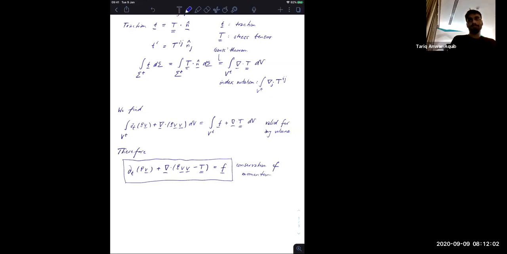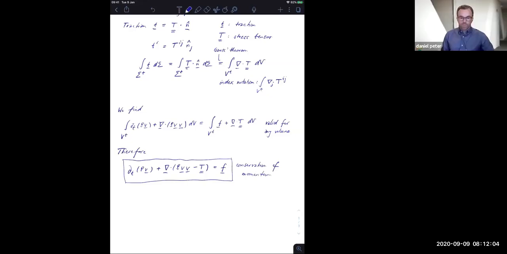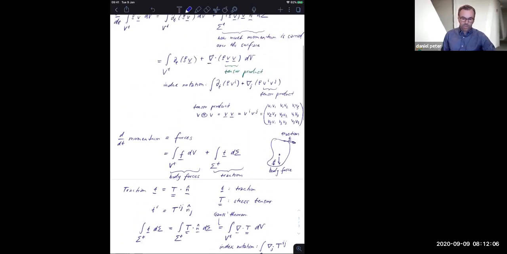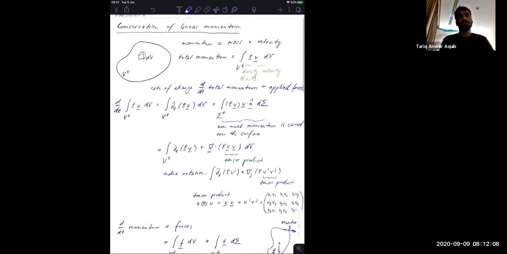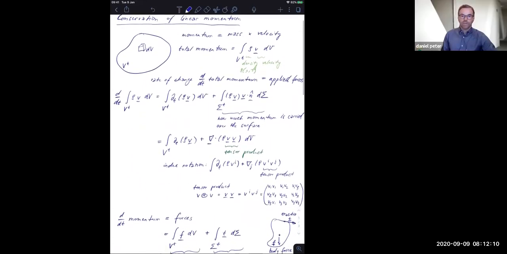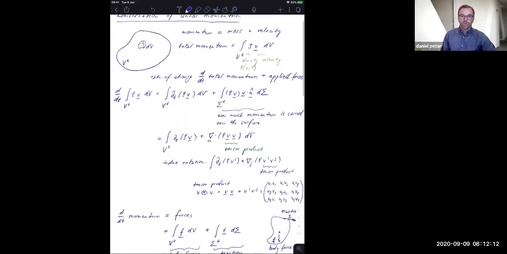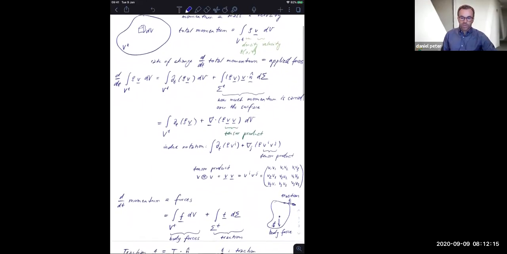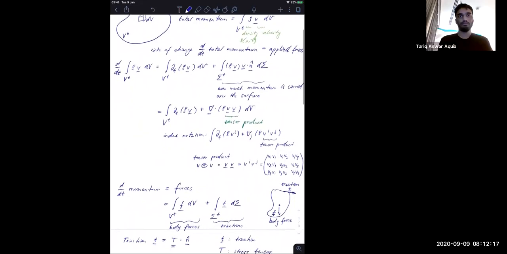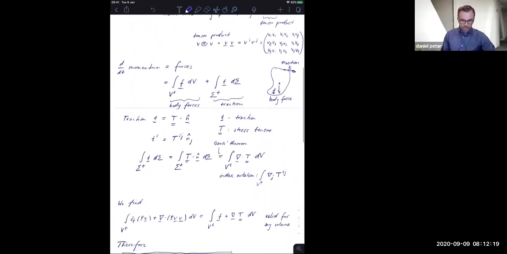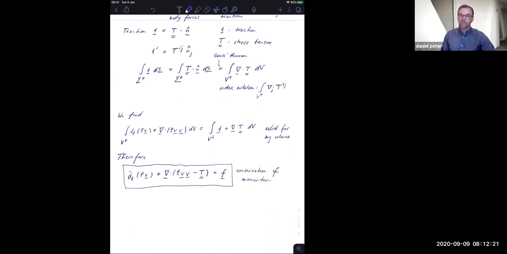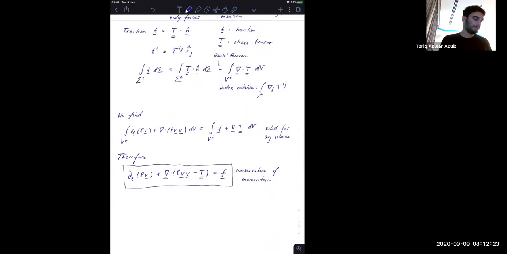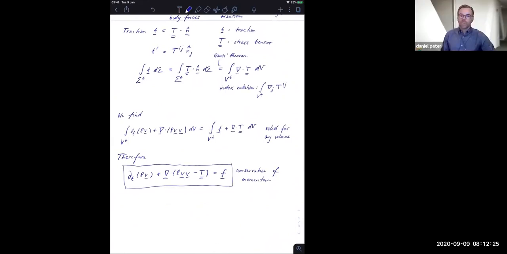Yes. Good. So we looked at linear momentum, how it's defined. We look at the rate of change of the total momentum, which equals the applied forces on that volume. And if we write this down, what we end up with is this equation. The conservation of momentum.